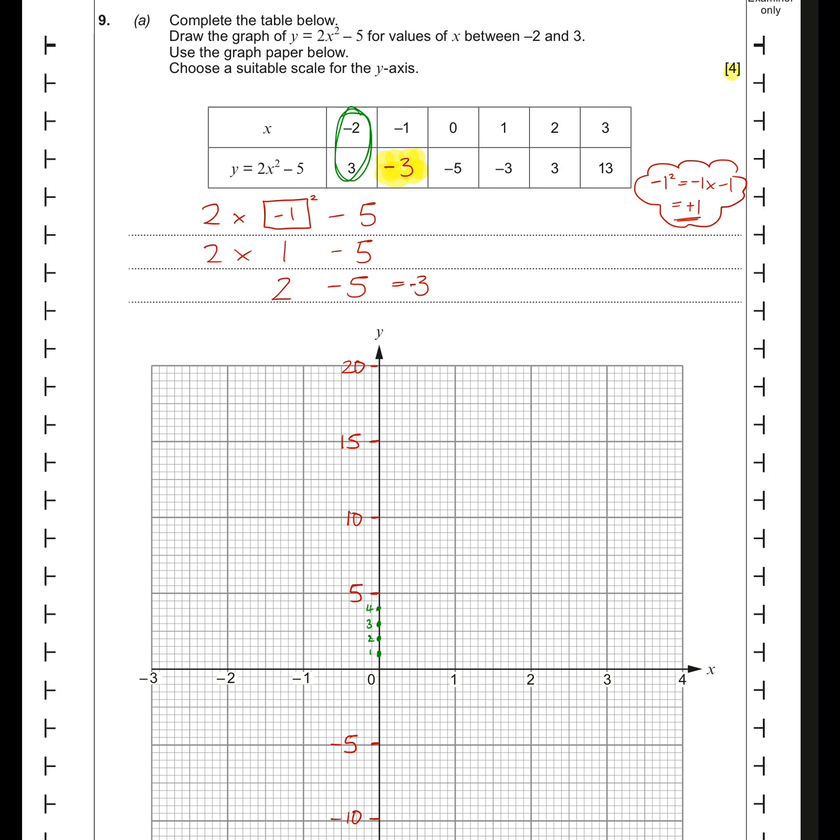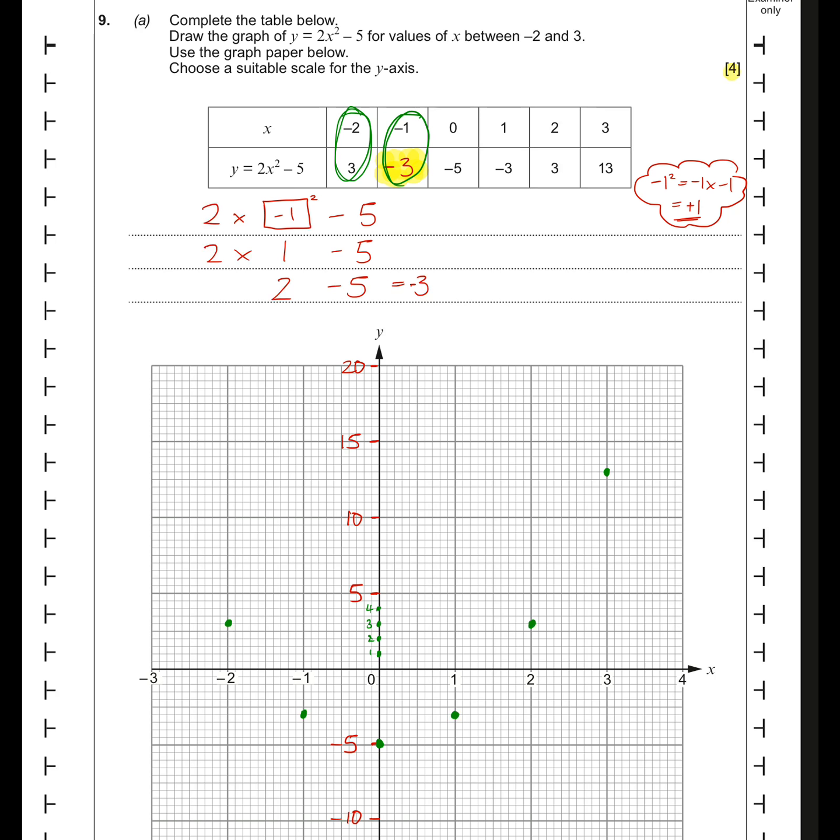So across to minus 2 and up 3 will be that point there. Across to minus 1 and down to minus 3. Across to 0 and down to minus 5. Across to 1 and down to minus 3. Across to 2 and up 3. And then the last one, across to 3 and up 13. That's the reason I needed that scale, to make sure that that 13 would fit.